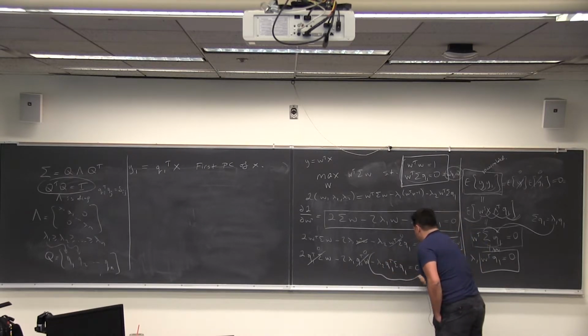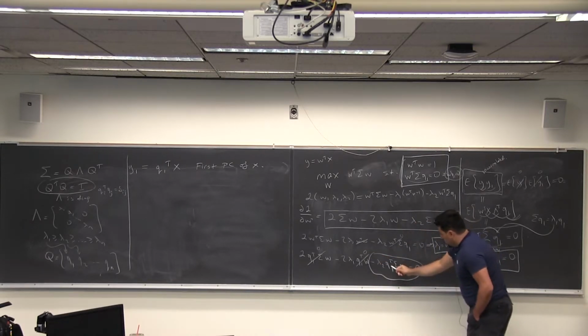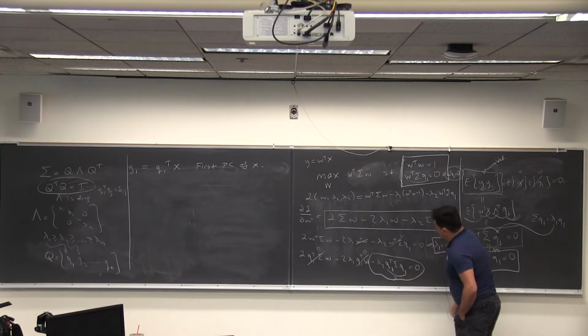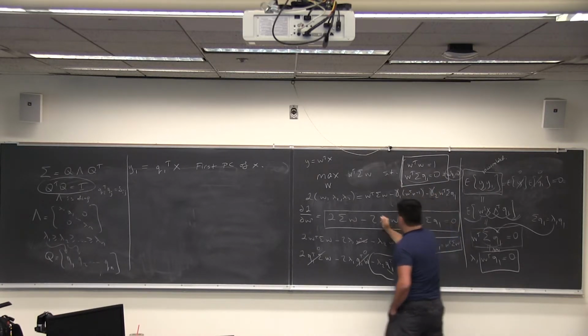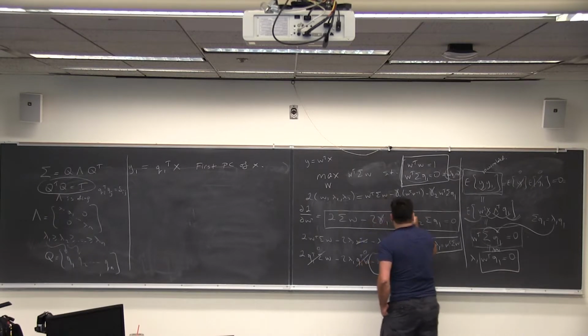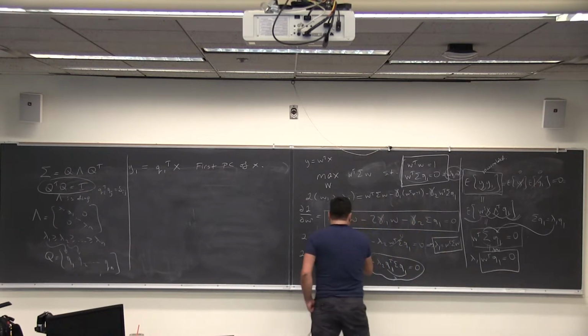And from here, since Q1 transpose sigma Q1 is lambda, let me make these gamma. I didn't realize, so my Lagrange multipliers and eigenvalues are getting mixed. So these are gamma.